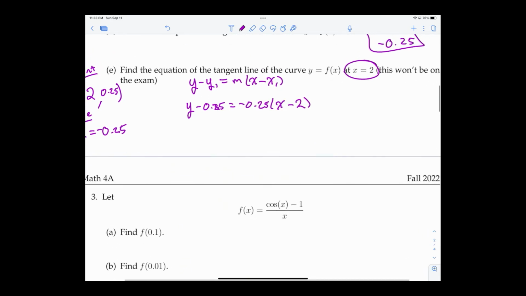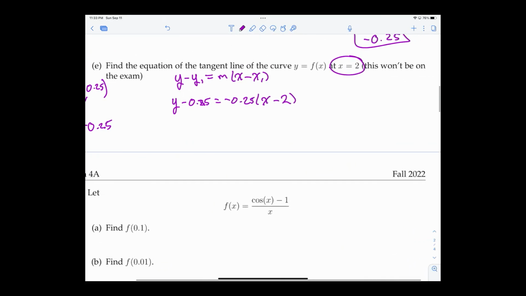So that's our equation. We can simplify it a little bit. y minus 0.25 equals, here we can distribute this negative 0.25 in, so we're going to have negative 0.25x plus negative 0.25 times negative 2, which is positive 0.5.